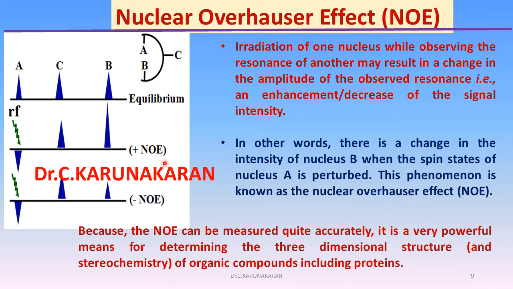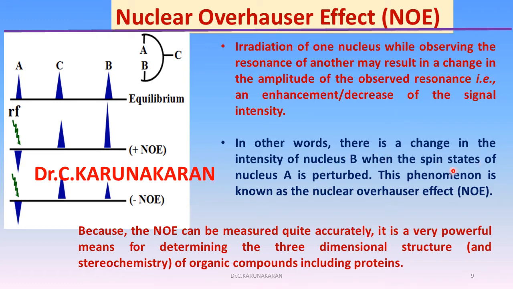If the signal increases, the amplitude increases, it is called positive nuclear Overhauser effect. If the signal of the B proton decreases, then it is called negative nuclear Overhauser effect.